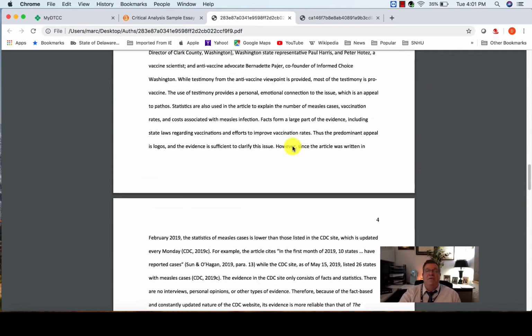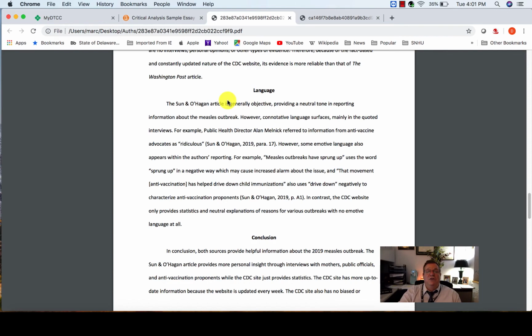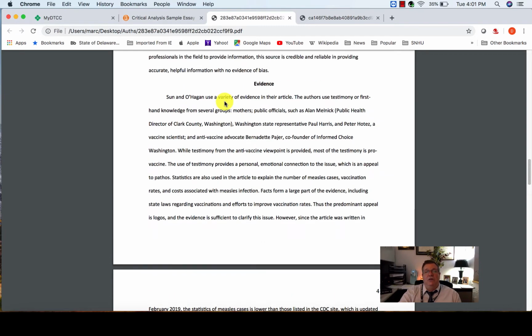The rest of the paper is done like this. So if you look at the evidence section and the language section, you'll see that everything is in one. What I, again, suggest doing a little bit differently is having a more general topic sentence, and then going into the details of support using the one article, then the next article, and again a concluding sentence that ties both of those together, and everything should be tied back to the topic sentence.